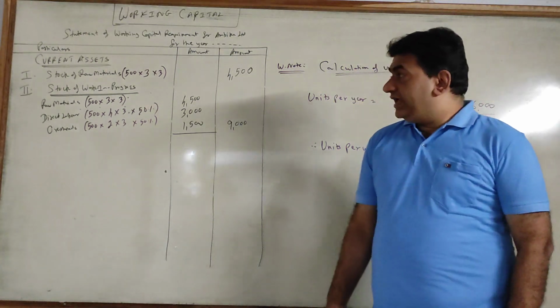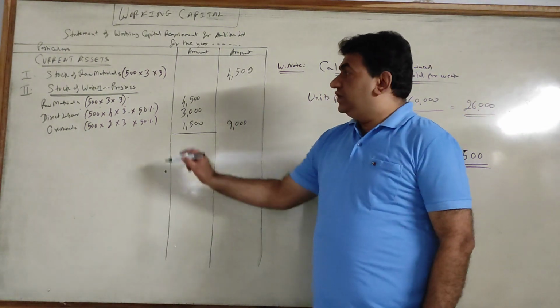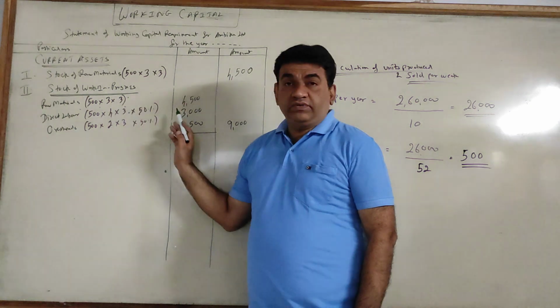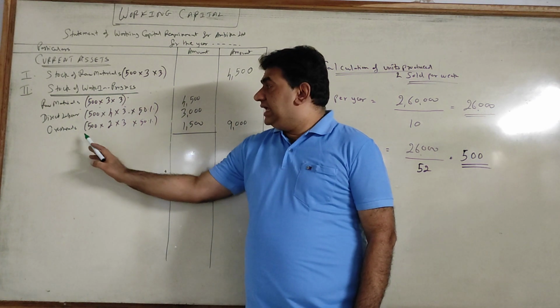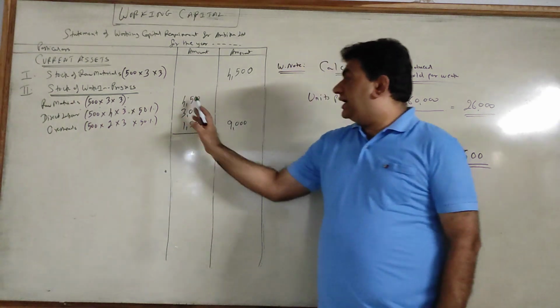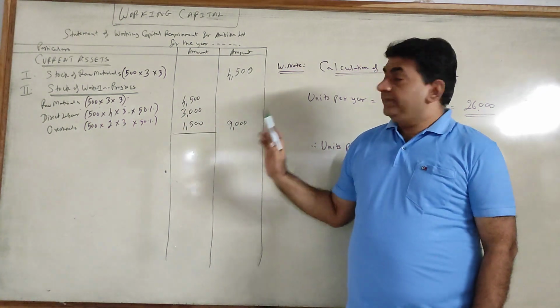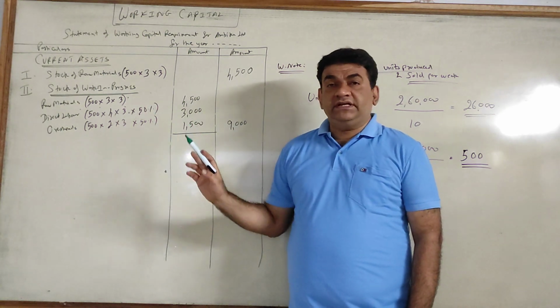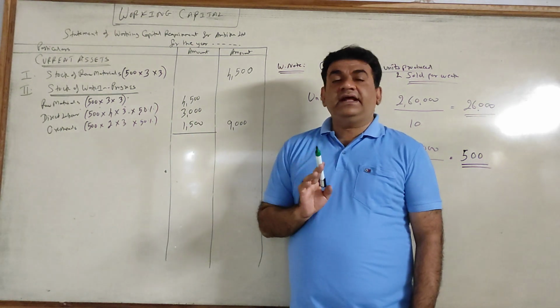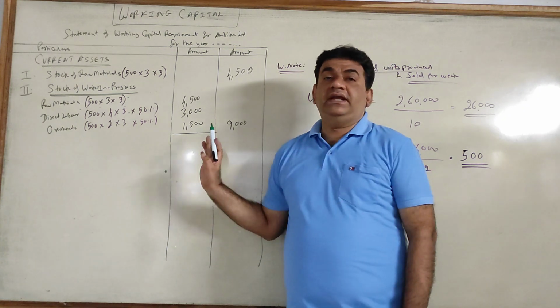Got it? So when there is WIP, you will give the heading stock of work in progress, underline raw material, labor, overheads, and this is the way you will do it. After the sum, I'll give you a note also for this 50%. If your college says to write it, otherwise not required, but at least for one sum I will give you all.